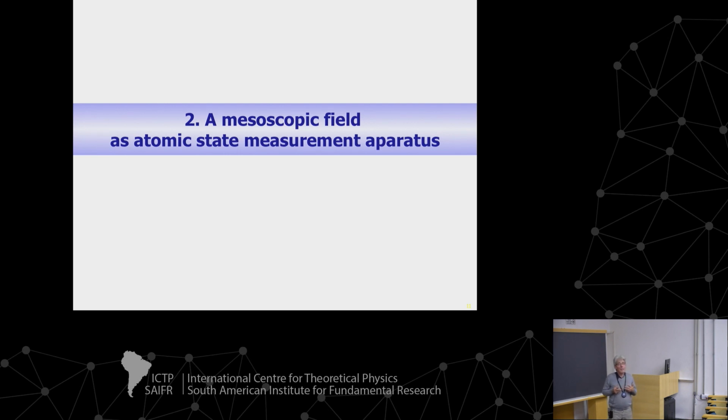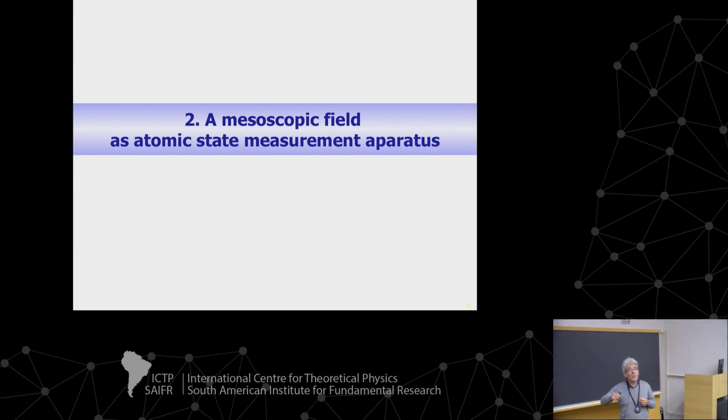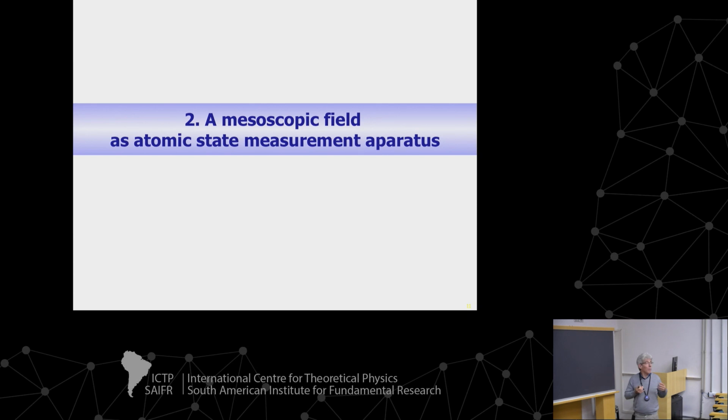And what is interesting is that a small coherent field in the cavity has a size which can be adjusted by just changing the strength of the coupling with an external source. And then this object is a mesoscopic object whose size can be varied continuously from vacuum to a large coherent state in the cavity.